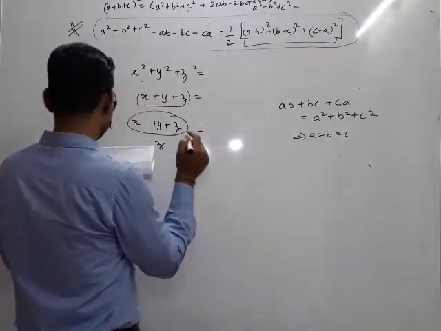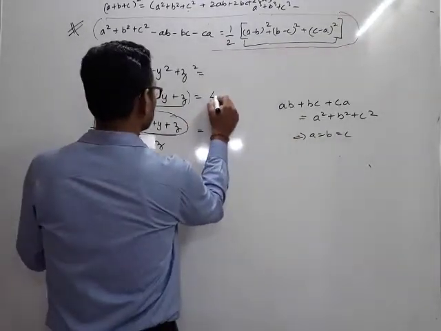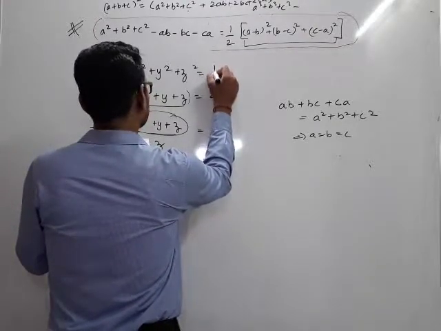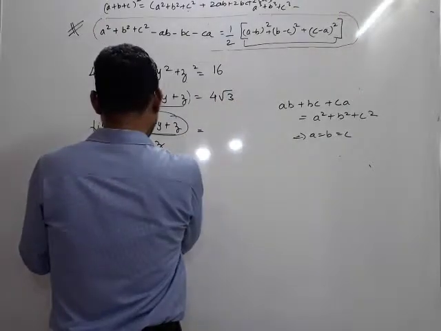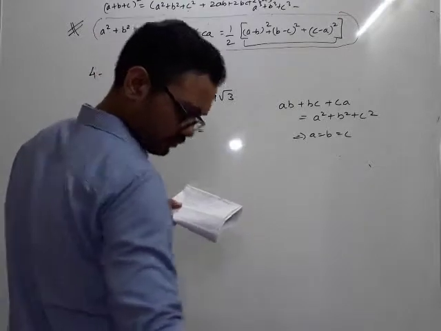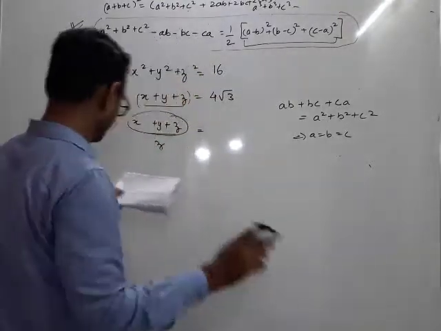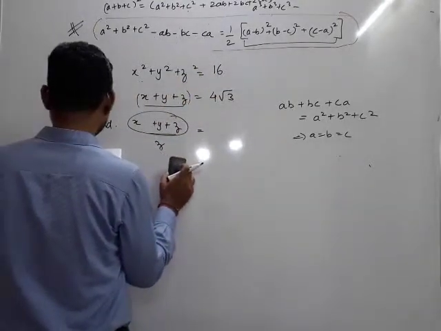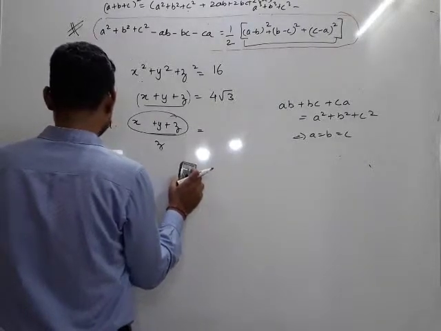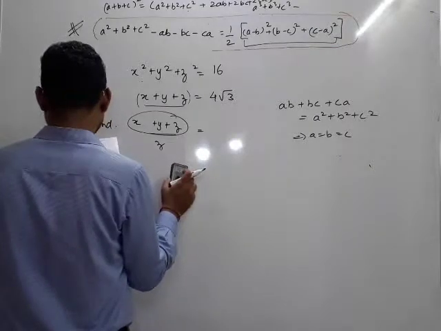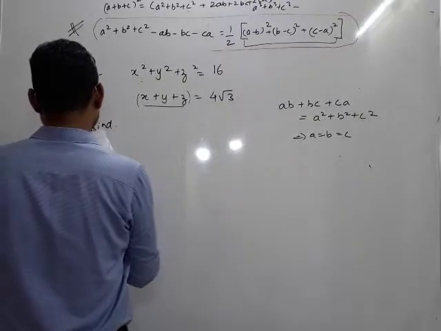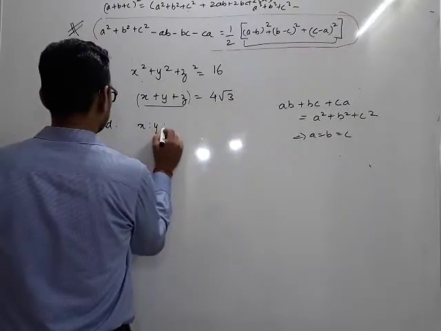Okay, another question that was asked was x plus y plus z is 4 root 3, x square plus y square plus z square is 16, and they have asked x ratio y ratio z.